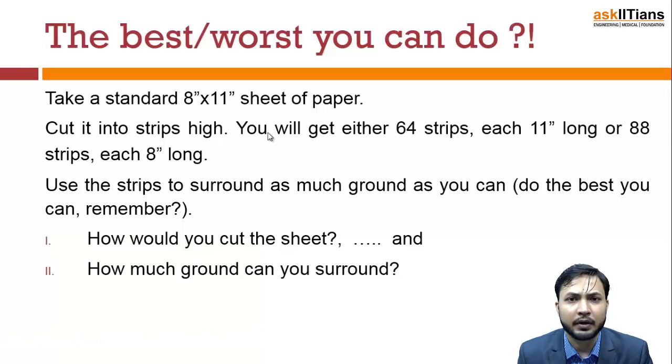It may so happen. In that case you come to know what is the maximum that you can do, or what are the conditions to get a maximum value, a maximum area or a maximum result. Then you will figure out under which condition, how much ground can you surround. Figuring that out is the first part, and then taking out the maximum area is the next part.